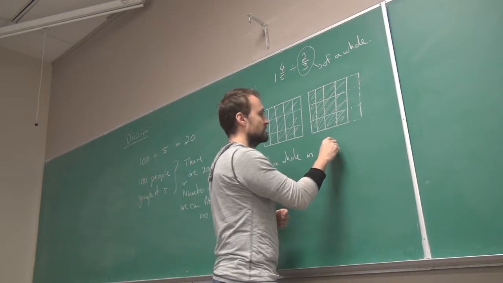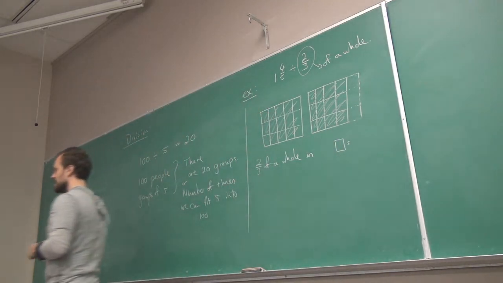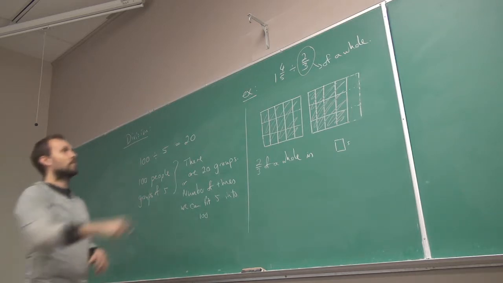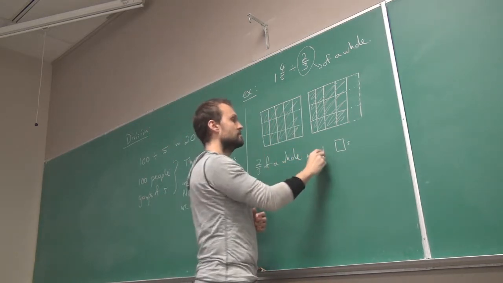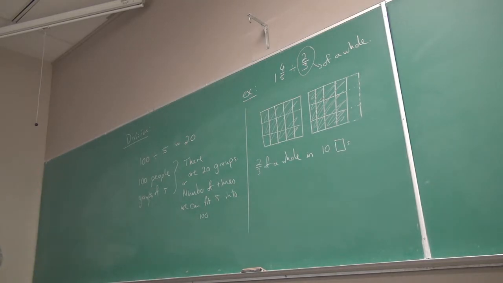They're not really squares, but how many squares is 2/3? 10. Because I have a whole rectangle here that I can look at. 1, 2, 3, 4, 5, 6, 10 of those little squares make up 2/3.